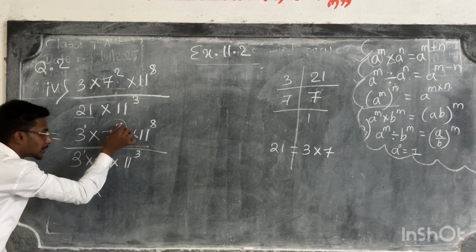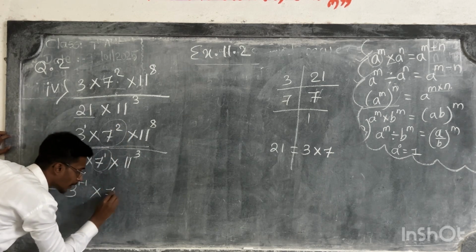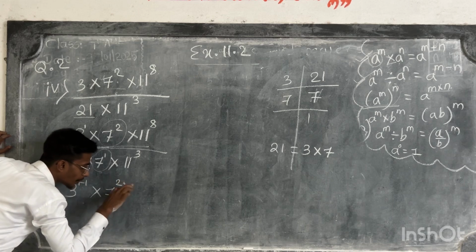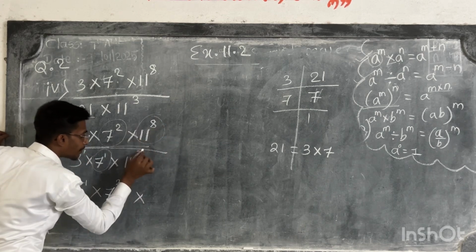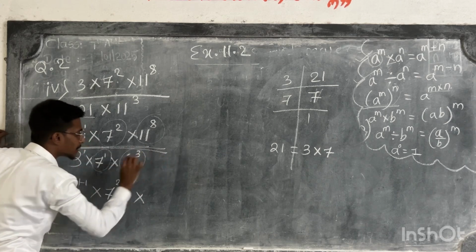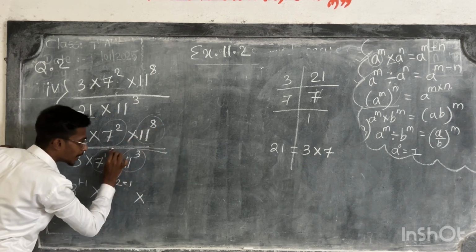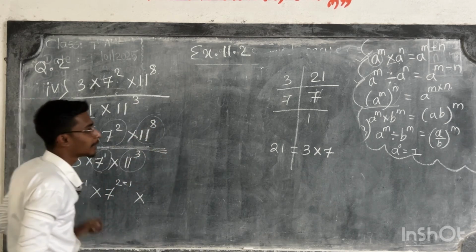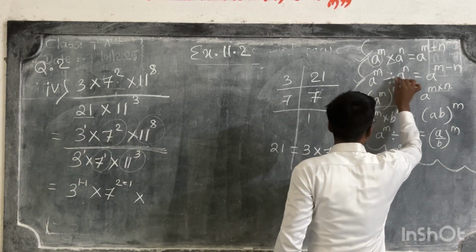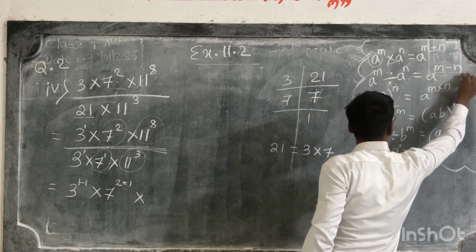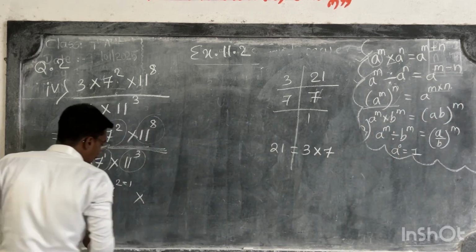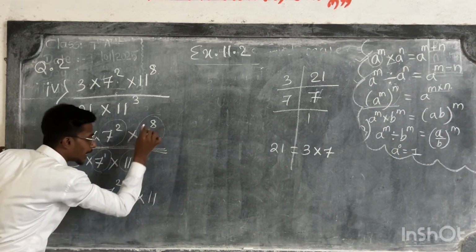M minus n, that is 2 minus 1, 7 to the power 2 minus 1. The base is the same, the power is different, and both are in division. A to the power m divided by a to the power n. In such a case, you have to subtract both powers. That means 11 to the power 8 minus 3.